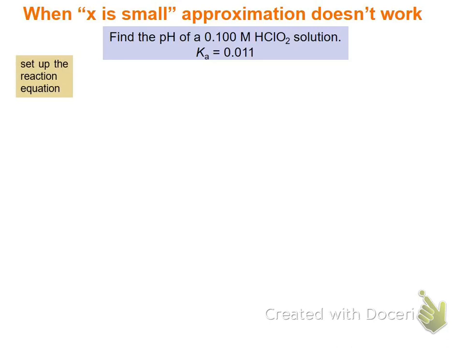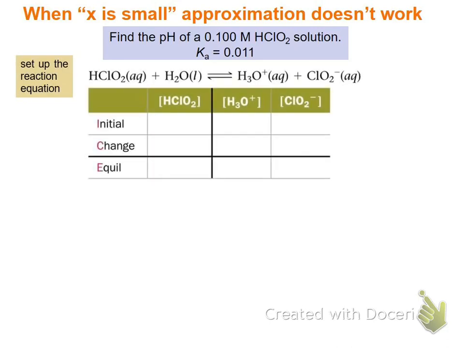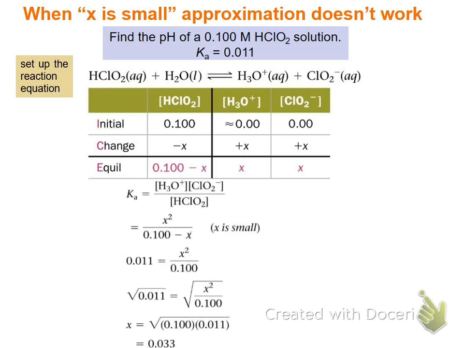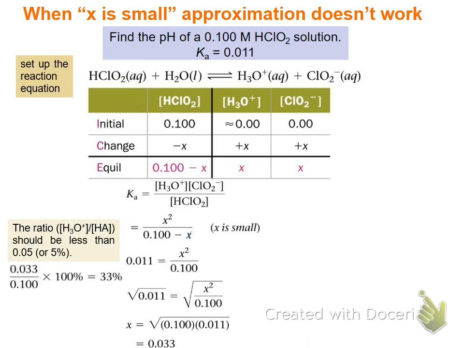Here's a cleaner version. Set up the equation and the ice table, and then populate the ice table. Generate the Ka expression. So this calculation shown here right now is using the approximation method, and you can see that it's invalid because when you validate it by dividing by the initial concentration of 0.1 times 100%, you get a value that's greater than 5%.